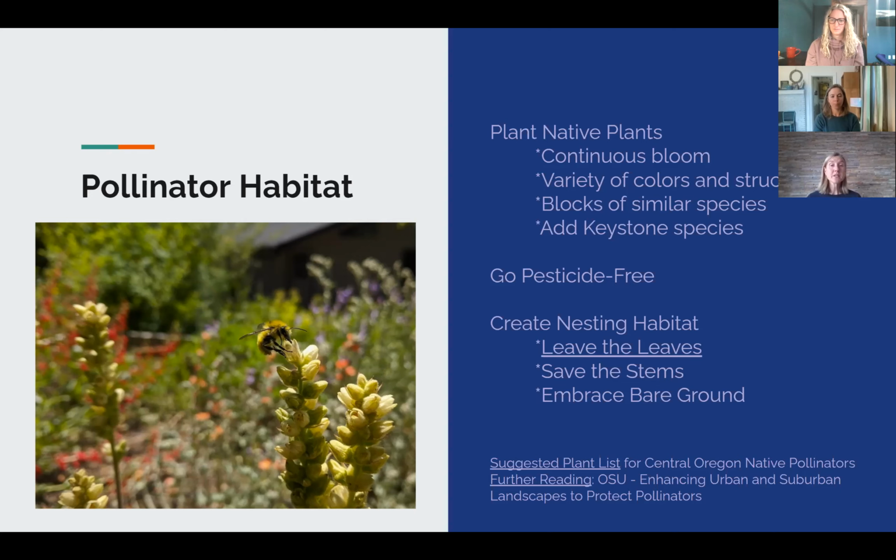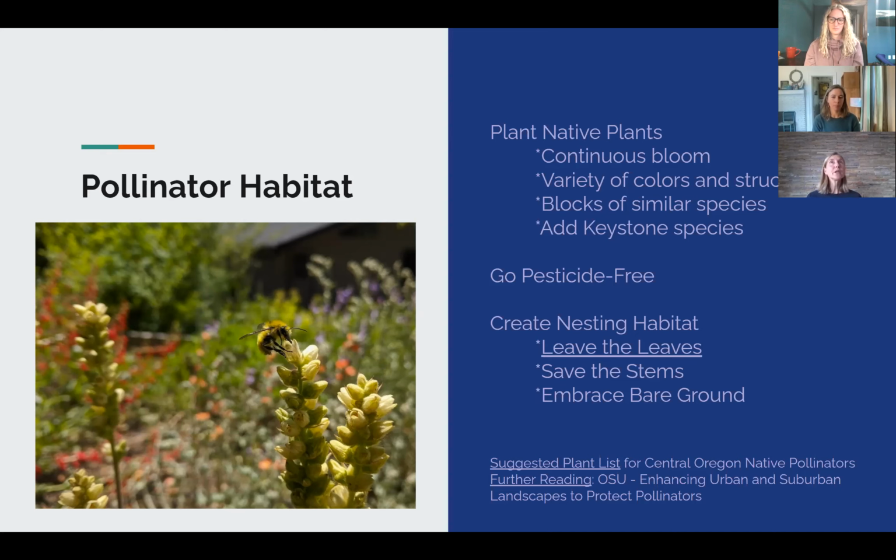Saving the stems is another important thing. Denise touched on this with the blanket flower in the learning garden. If you leave your perennials growing over winter rather than trimming them back, in the spring, you can return to your garden and cut back your stems between 8 inches and 24 inches to support a variety of stem nesting bees.